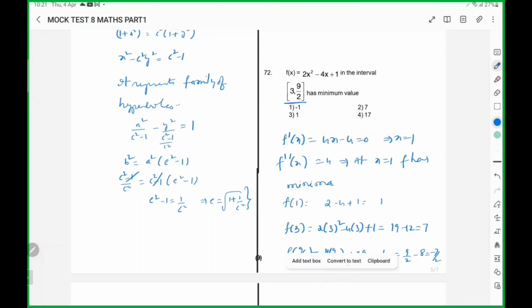In place of x, you write 9 by 2, the interval end. So that is minus 18 plus 1.